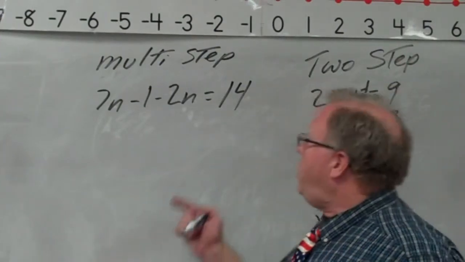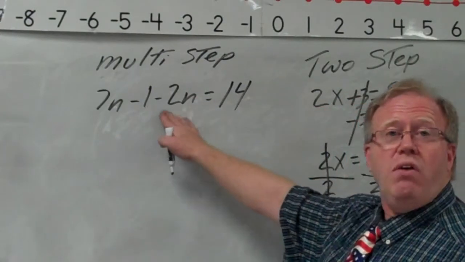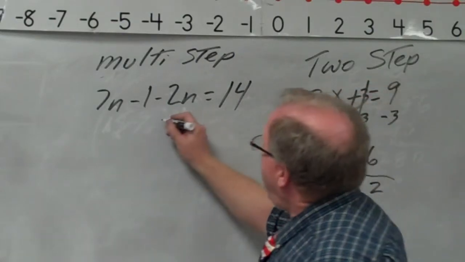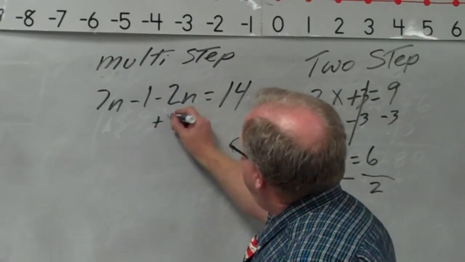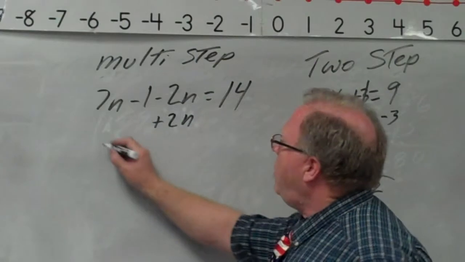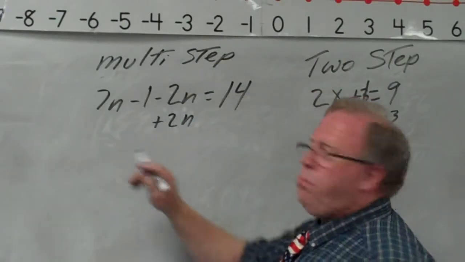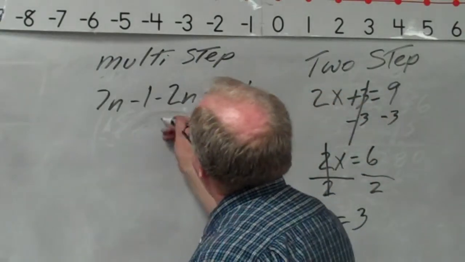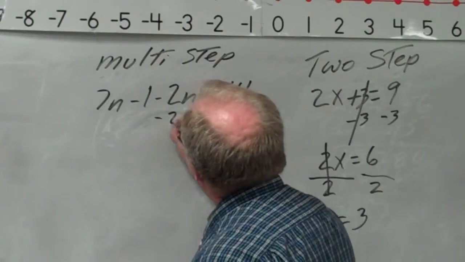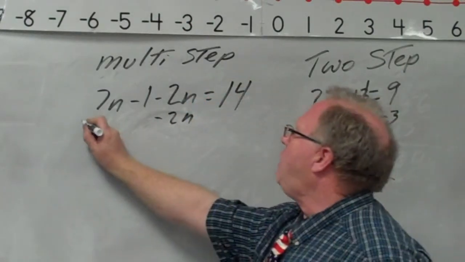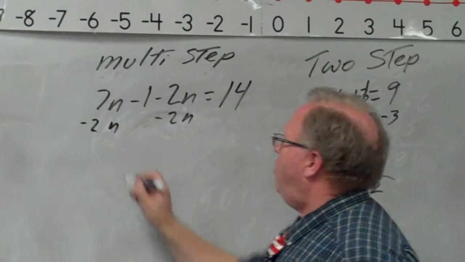And this is the way we do this. Because we have this minus 2n here, we're going to add 2n here. Oh, sorry. We're going to subtract 2n there. Sorry. And then we're going to subtract 2n from here as well.